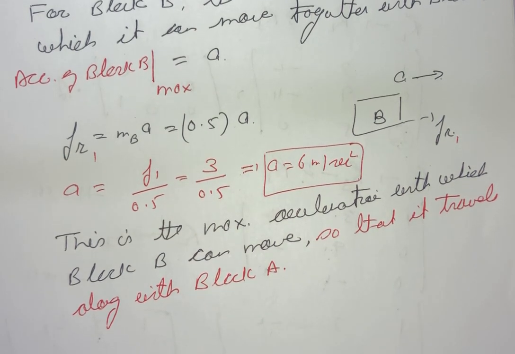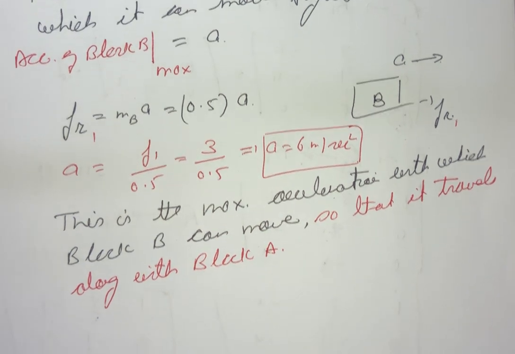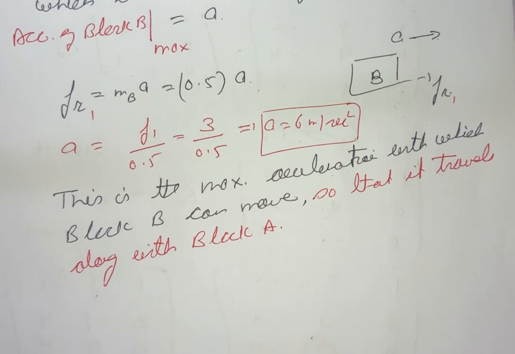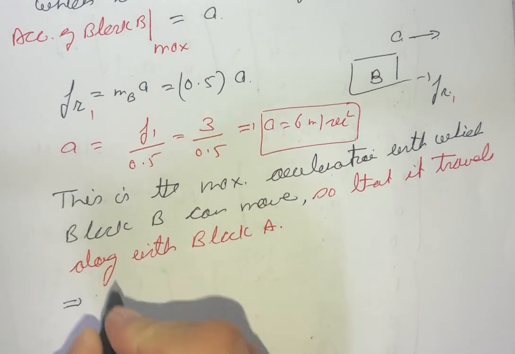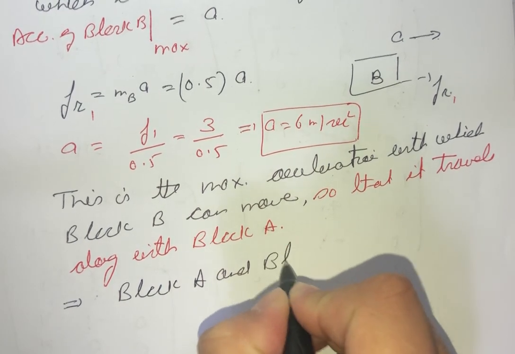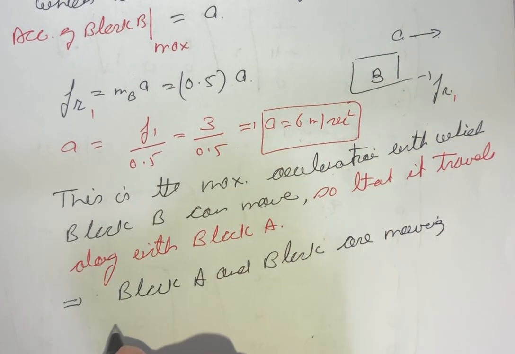Okay. So we can also say that the acceleration of A and B combined will also be equal to a, because they are traveling together. So now let us find out the equation for their combined motion. Block A and block B are moving together.